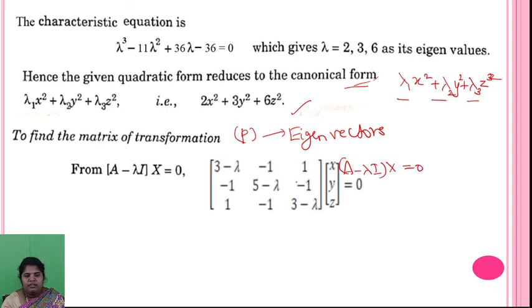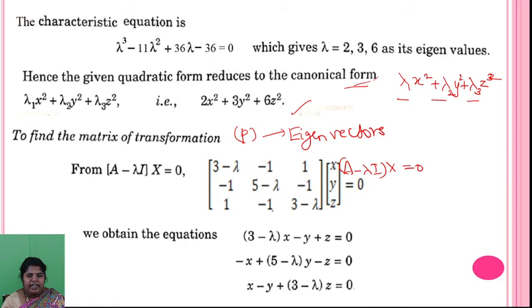This is the A minus lambda I into x matrix. We obtain the equations, writing in equation form: first row, first column, 3 minus lambda into x minus 1 into y plus 1 into z. Similarly, second row, first column, third row, first column. We get 3 expressions.